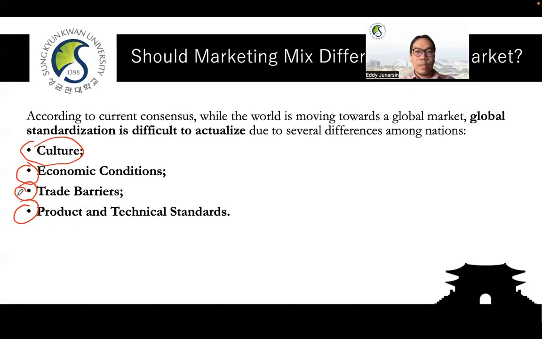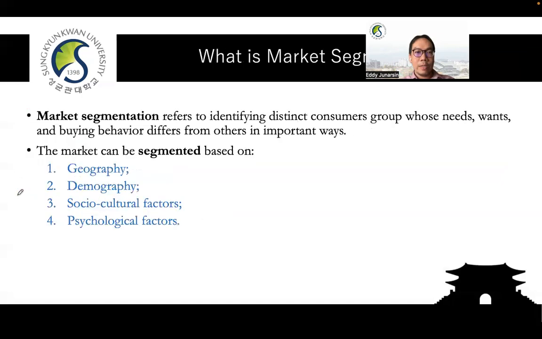So let's see the first one, market segmentation. We create segments, so we call it segmentation. We identify distinct consumer groups whose needs, wants, and buying behavior differ from others in many ways.